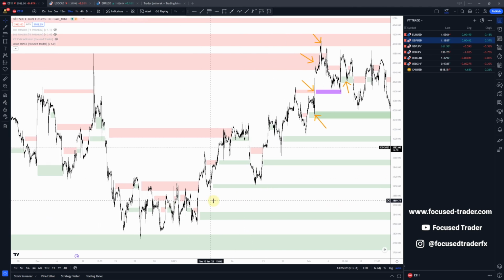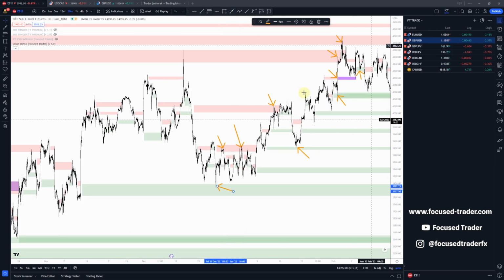But if I zoom out, you see that a lot of major trends started exactly in these areas. Here we have also several reactions just from this one zone. We have a very nice reaction here. Again, this is the start of the new uptrend, and it happens precisely in this zone.